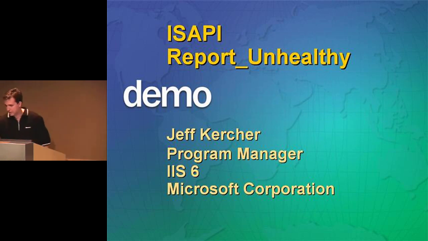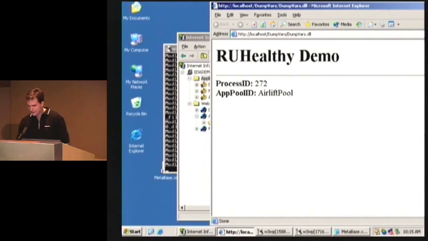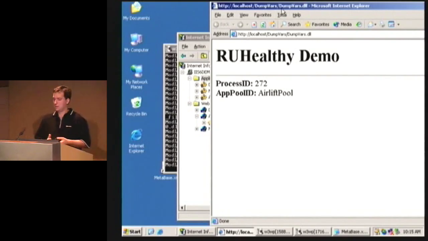So I'll do a quick demo of this. Inside this ISAPI extension, I've implemented some code where, just for demo purposes, I'll pass it a parameter called unhealthy, and at that point it will signal to WAS that it needs to be recycled. I do have to apply some configuration properties to the application pool to allow it to do this.